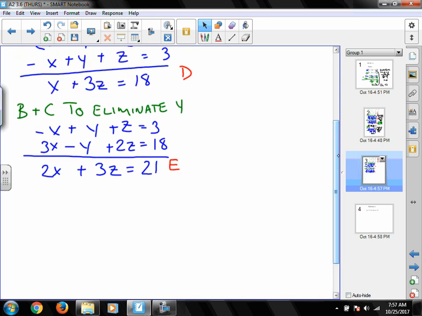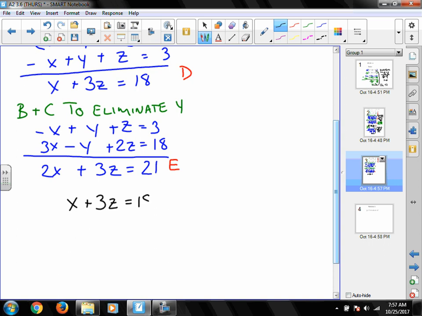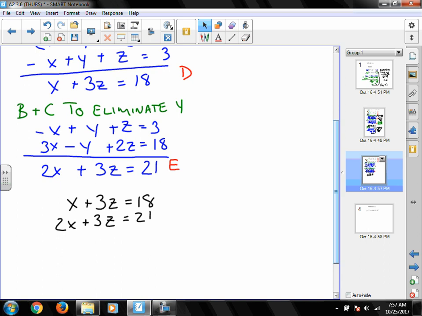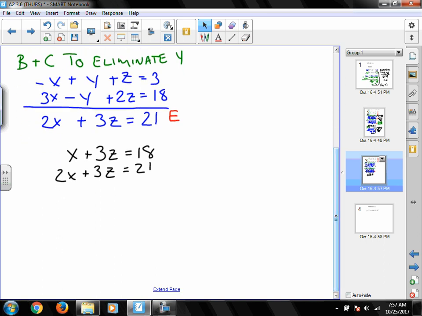So now I've got my system of equations that we've worked with in the past. x plus 3z is equal to 18, and 2x plus 3z is equal to 21. Now, this sets up really nice for elimination because I already have the same number in front of my z's. The only thing that I don't have is my opposite signs.